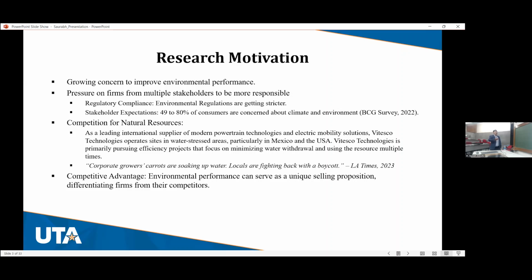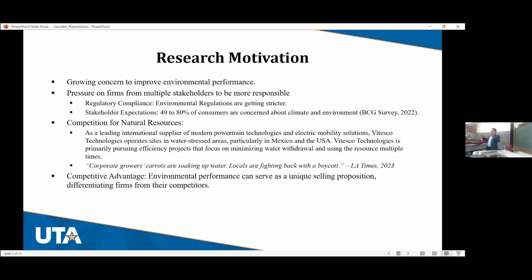On the other hand, from the supply side, there's a competition for natural resources. Here I have an example of Vitesco Technologies, which I think all of you may know from Continental Tires, the German automotive group. Their Continental powertrain became Vitesco Technologies in 2019. They use a lot of water in manufacturing these powertrains, and typically they operate in Mexico and the USA.